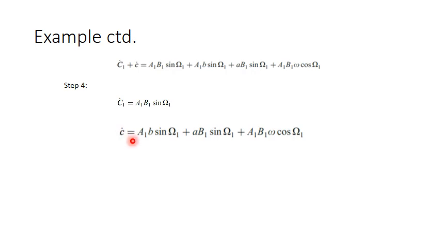C dot equal A1 B sine omega 1 plus A B1 sine omega 1 plus A1 B1 omega cosine omega 1, which is the linearized form of the differential equation in terms of the perturbation variables A, B, C, and omega.